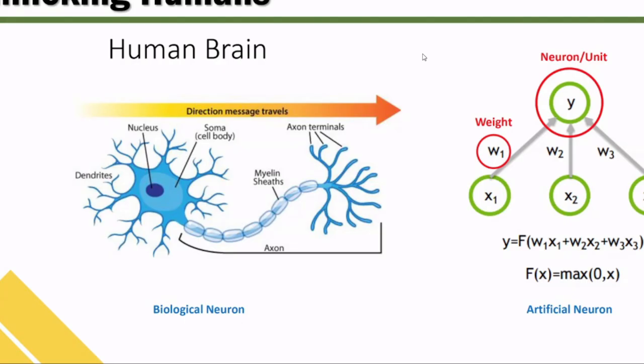The neurons are artificially mimicked; this is an artificial neuron. See here the major components: nucleus, dendrites, soma, cell body, axons, connecting with other neurons. Similarly, see here the set of neurons which are connected with another neuron, and it is going to interact with other neurons further. So each and every neuron has its weight function.